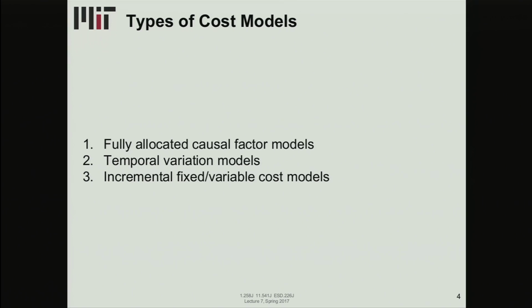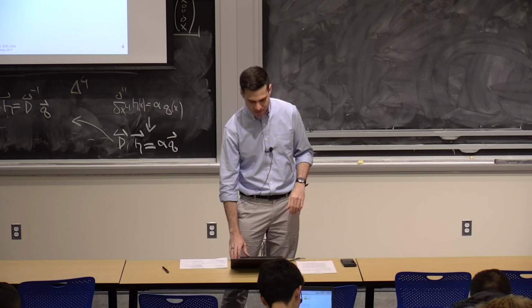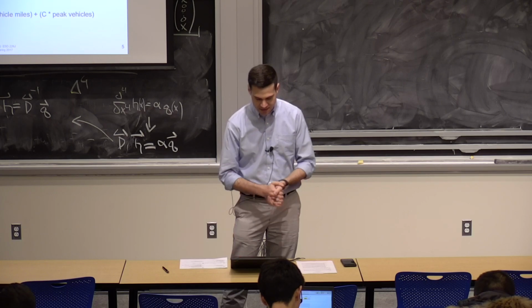So the second model essentially is a variation or an extension of the first one, where we do take some specific costs that are very sensitive to time and capture those differences over time. And then we'll talk about incremental fixed variable cost models. We're going to give examples of all of these using MBTA bus from the 90s as an example.